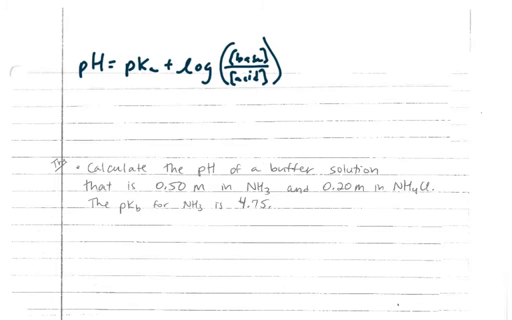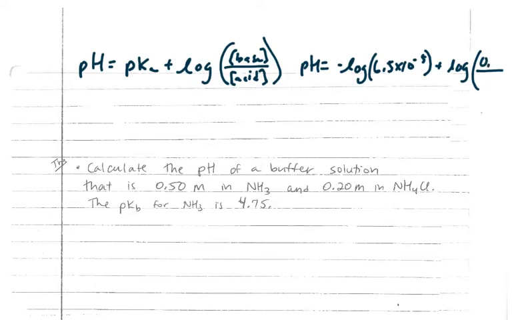So pH equals the pKa, which is the negative log of the Ka. We're told that the Ka here is 6.5 times 10 to the negative 5, plus the log of the concentration of the base, which was the salt, 0.15 molar, over the concentration of the acid, benzoic acid, 0.05 molar.